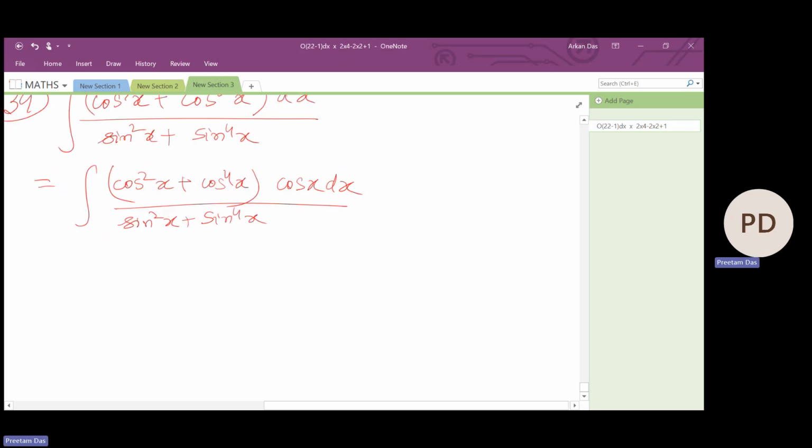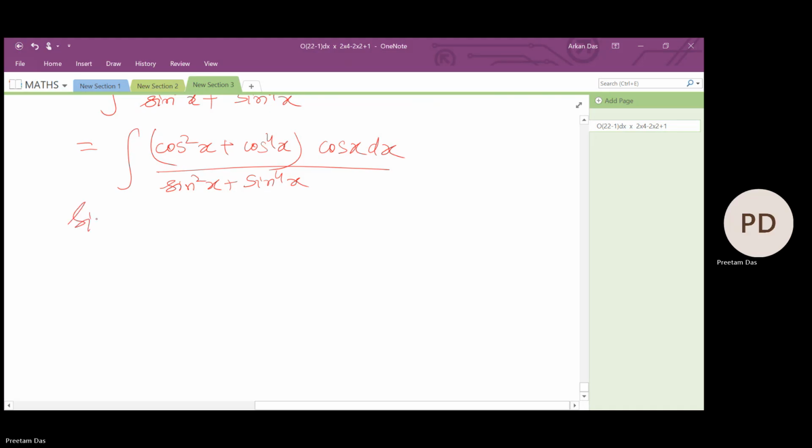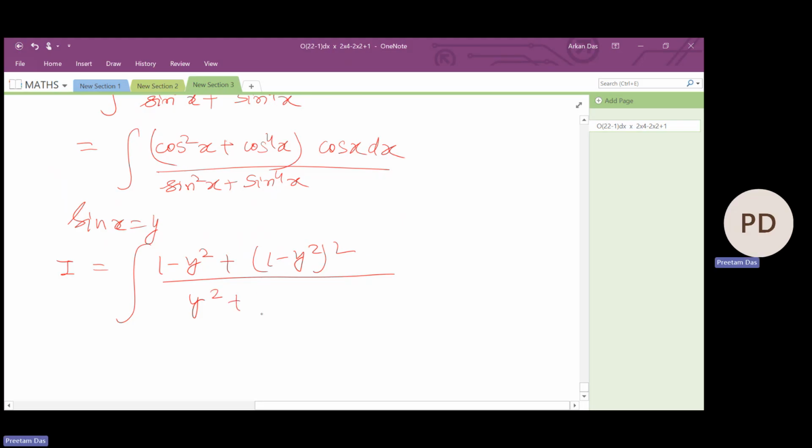So take sin x as y. So what is the integration of this? Cos square x I can write as 1 minus y square, and cos raised to 4 I can write as 1 minus y square whole square. This is y square and y raised to 4 dy.